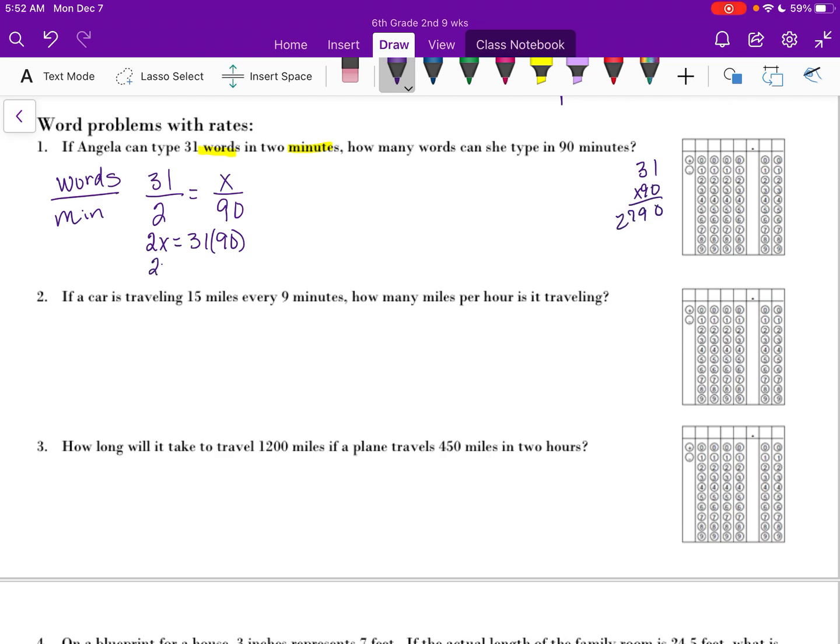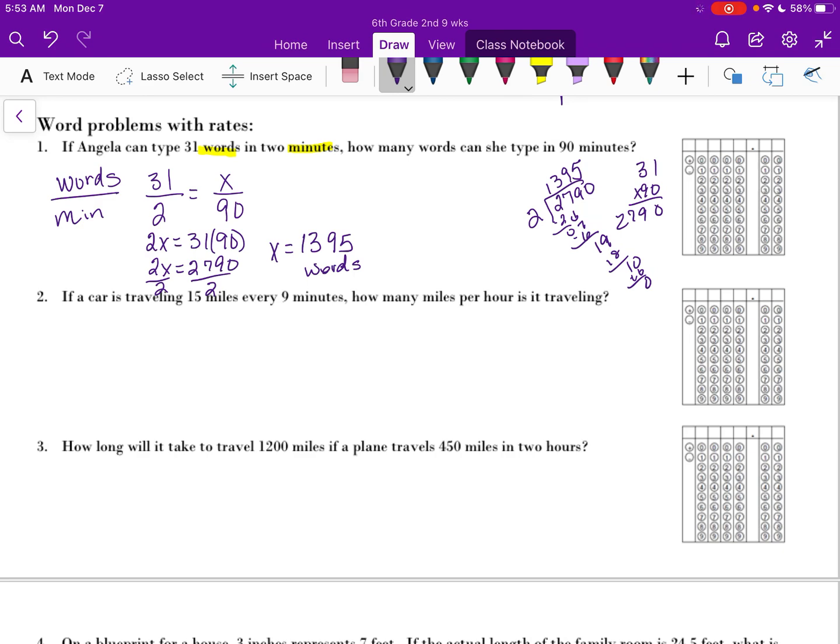That's 2,790. Divide by 2. So x would be 1,395 words.